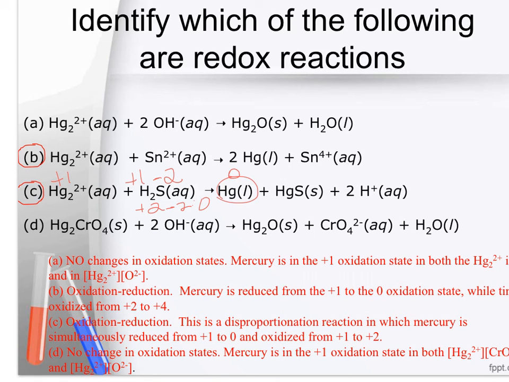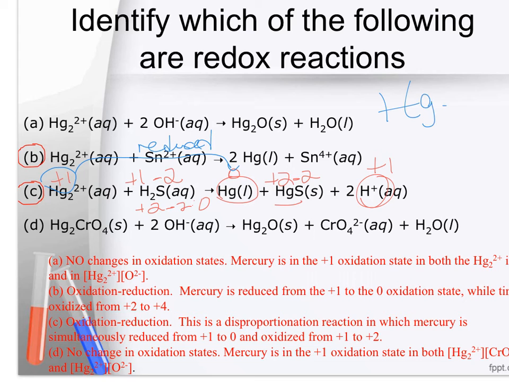And mercury sulfide is ionic. We know sulfur is -2, which means mercury has to be +2. And the hydrogen ion here is an ion, so the oxidation number is equal to its charge. So let's look for changes. Mercury goes from +1 to 0. So mercury has been reduced, or the mercury ion.